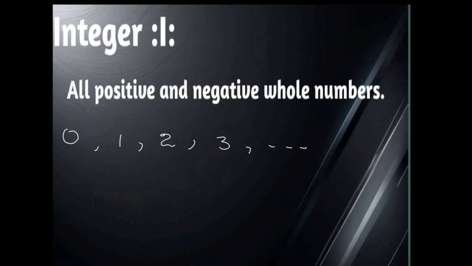In this way, all positive and negative numbers are called integers. The number which starts from 1 we call a natural number, including 0 we call a whole number, then all positive and negative numbers of whole numbers are called integers.